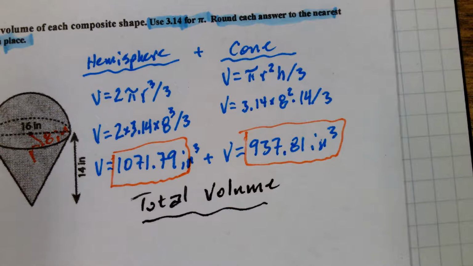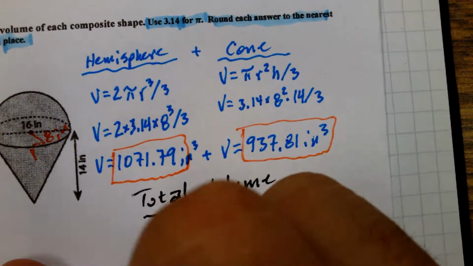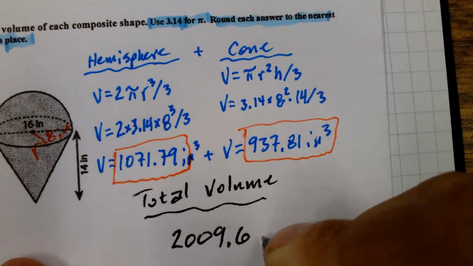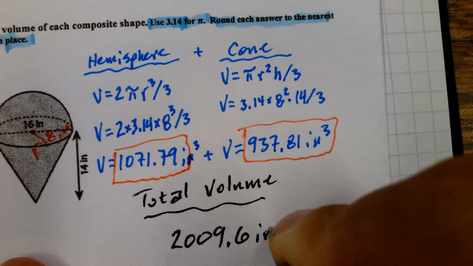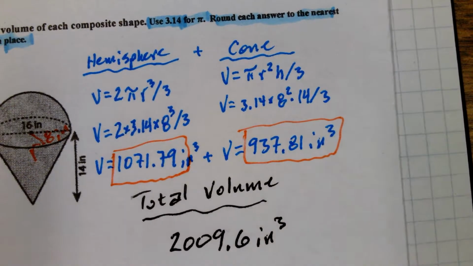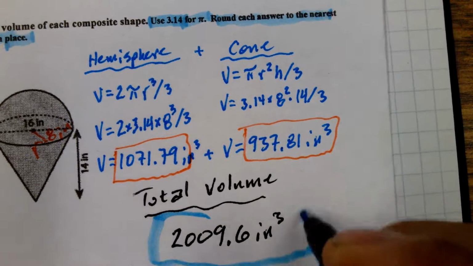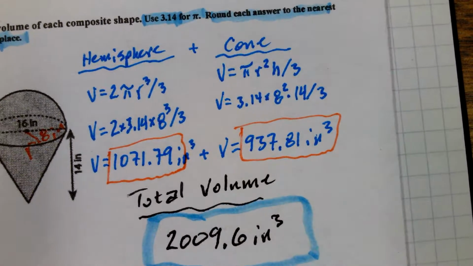What do we get? Did anyone get 2009.6? And that's cubic inches. So the full answer is 2009.6 cubic inches.